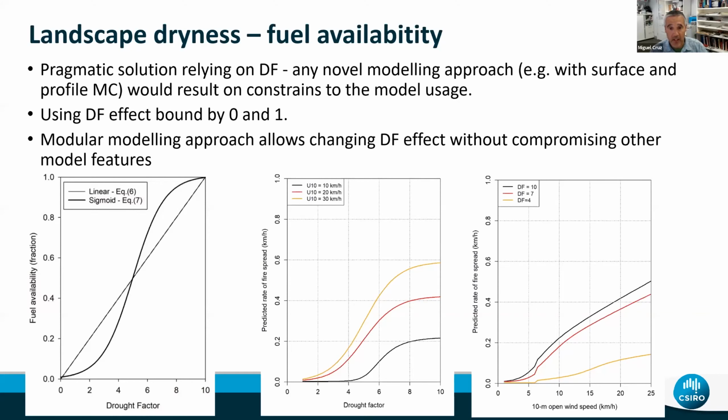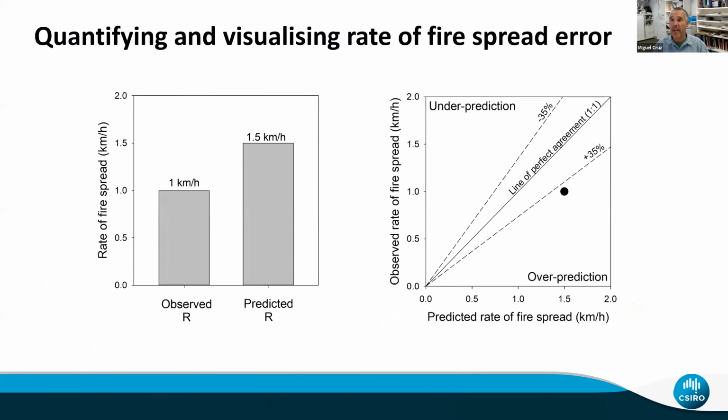You see that the difference between 4 and 7 is quite different in terms of fire propagation than the effect that goes from 7 to 10 drought factor in this bottom right graph. So again, just showing some of the behavior.